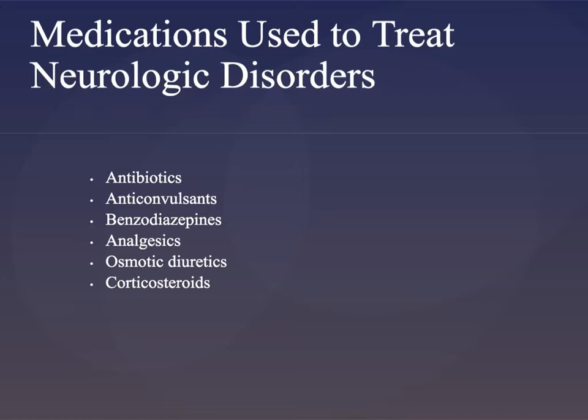Corticosteroids will help suppress inflammation, and they also suppress normal immune response and reduce cerebral edema. Okay. These are all broken down on page 512 of your book, if you don't remember what these are, and some of those nursing implications when we're giving these meds.